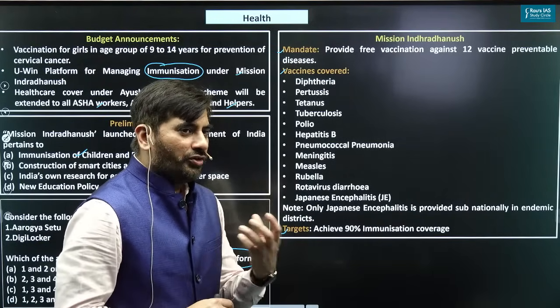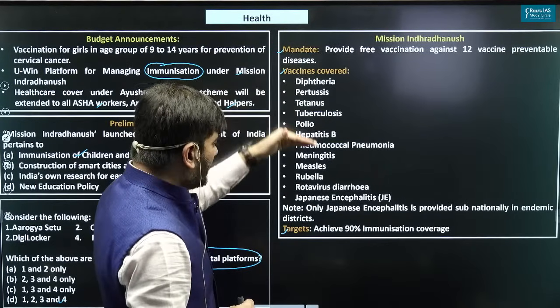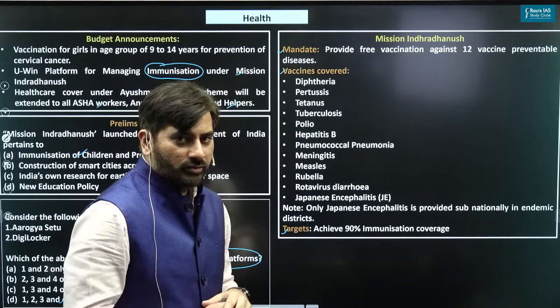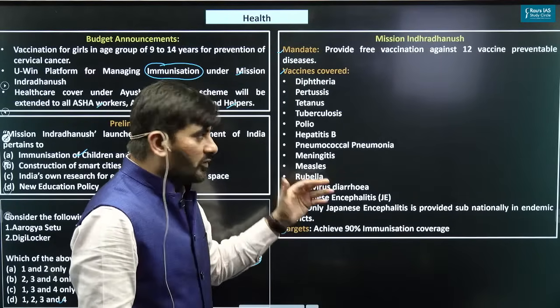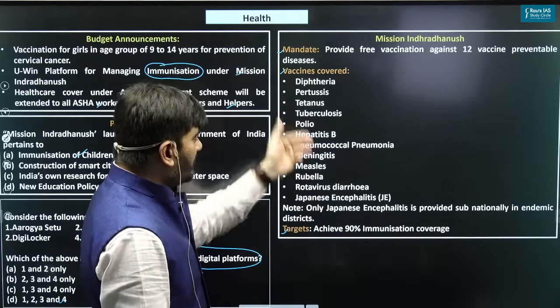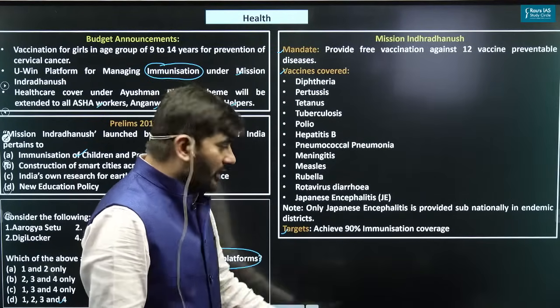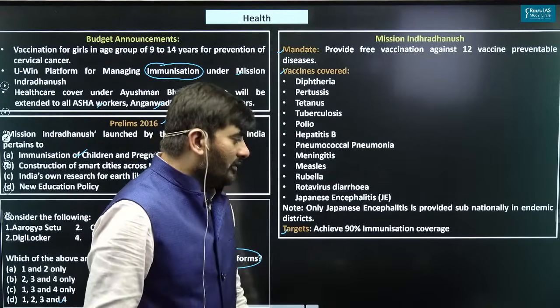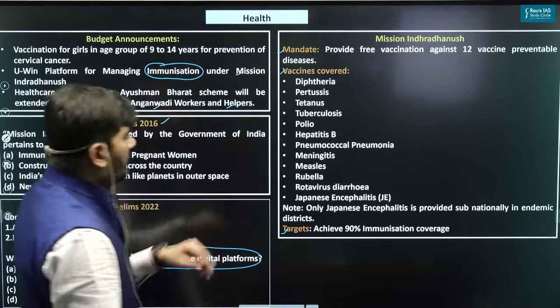They might ask you a question like, which among the following vaccines are covered under the Mission Indradhanush? This is just a fact. You just have to mug it up. You just have to remember it. Just try to remember the list of vaccines covered under Mission Indradhanush, and also remember the target. The target is to have 90% immunization coverage. So this is about health.